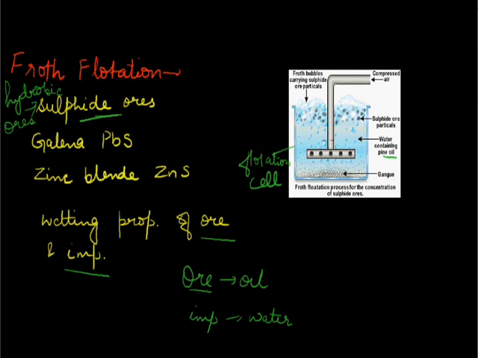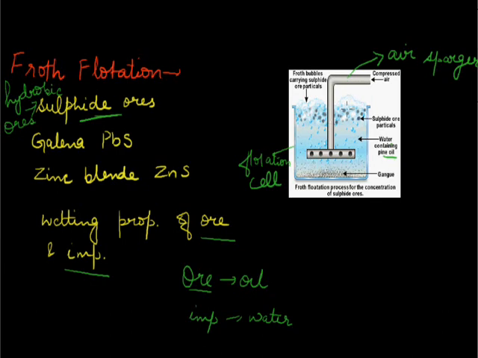So here we will put the impure ore which has to be concentrated, and we are passing compressed air through this instrument. This instrument is known as an air sparger. It has holes through which air comes out with pressure.